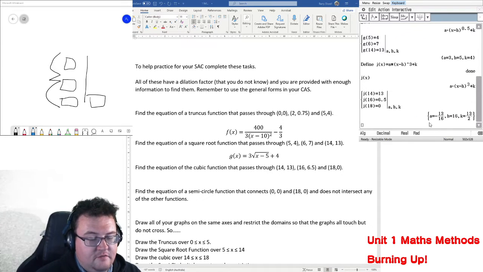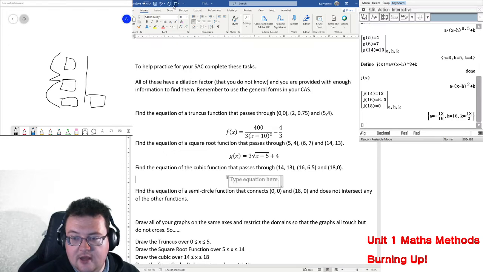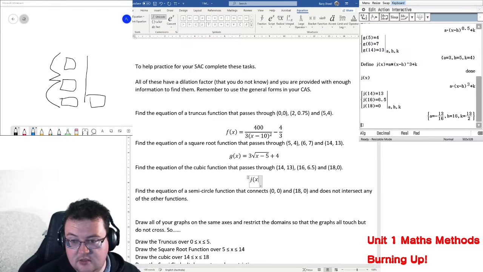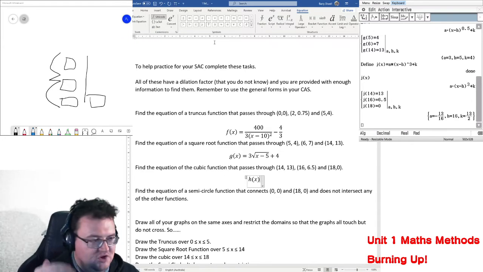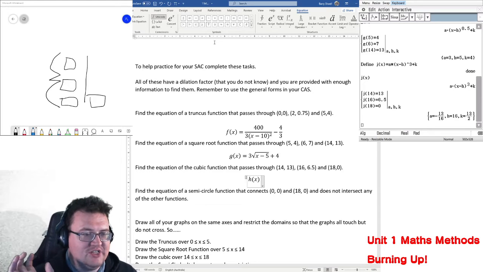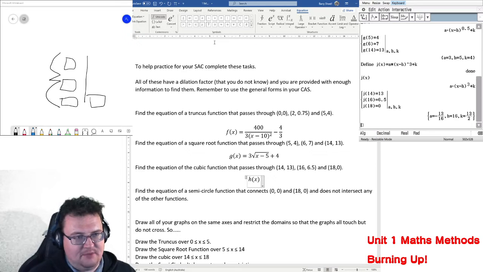Again, let's put these into fractions. So, again, J of X. Well, we can call it H of X. F, G, H. Makes sense, but we just can't use H of X and an unknown of H in the same equation on our CAS. All right?